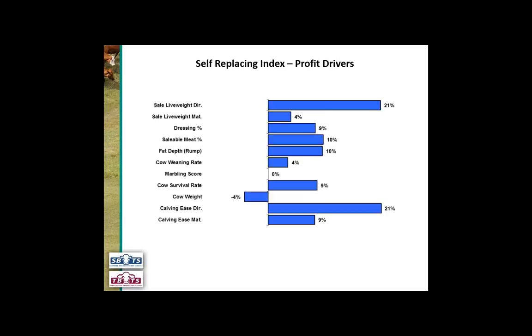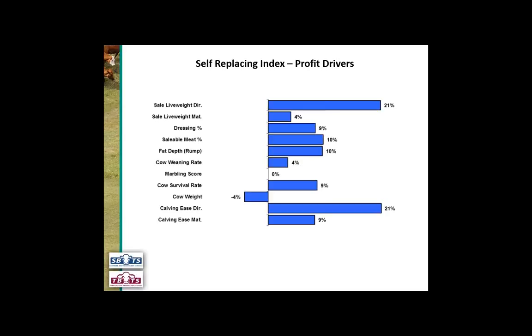We have an EBV for intramuscular fat, which is closely related to marble score, except for Wagyus who actually have an EBV for marble score, cow survival rate, and so on. So they're the profit drivers, and they're basically the underpinning drivers, if you like, of an index.